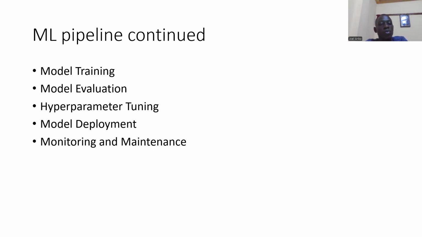Then we do model evaluation. In model evaluation, we can use metrics, for example, the accuracy score and the root mean square error, in order to see that our model performs well. Then we have hyperparameter tuning. This is where we optimize our model parameters to improve accuracy.